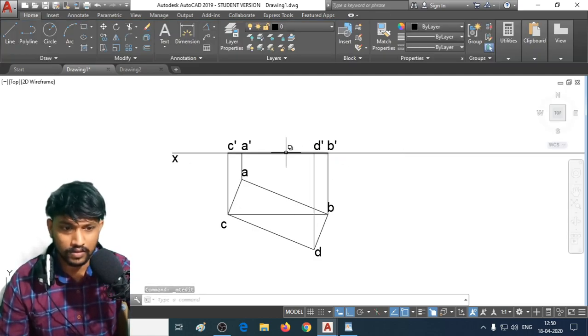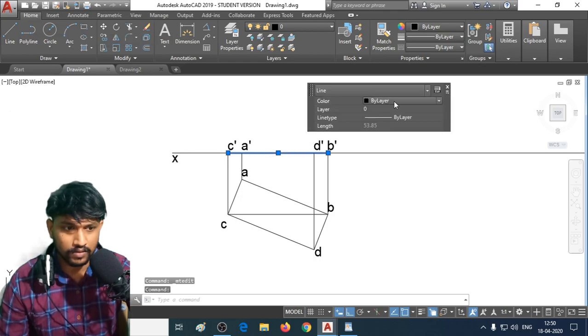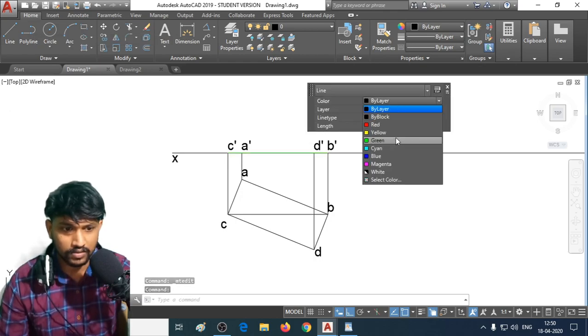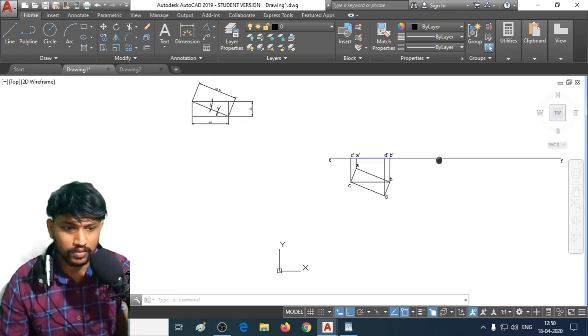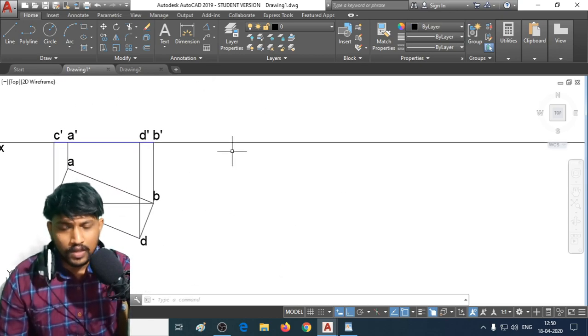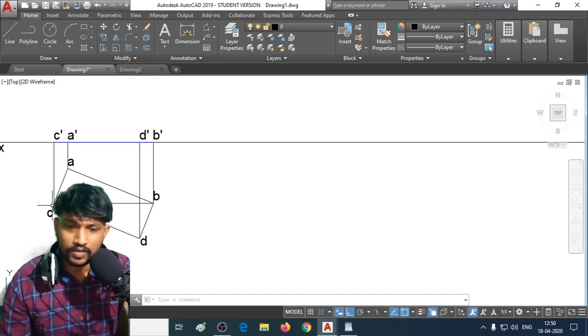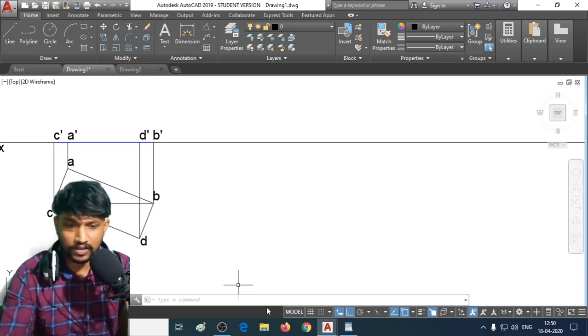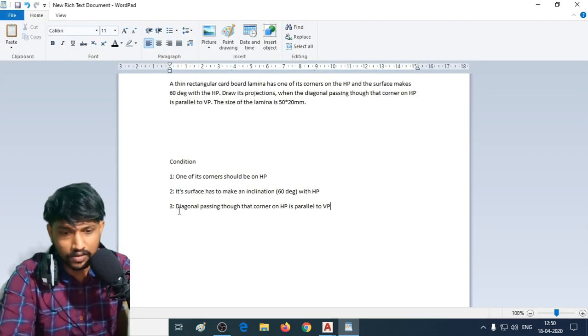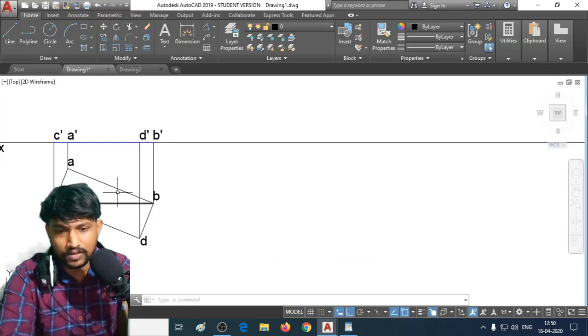Okay, just want to change the color so that you guys can see that. Let me give blue. Okay, so now what else we need to do? So we have, as per the given conditions, the diagonal passing through the corner on the HP, which means now we are keeping a corner C on the horizontal plane.